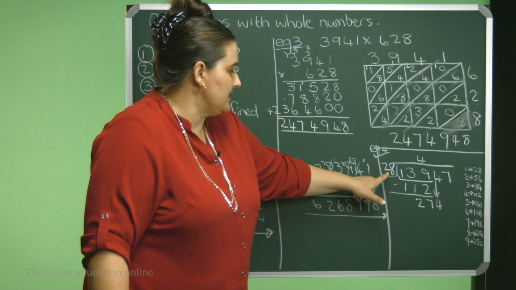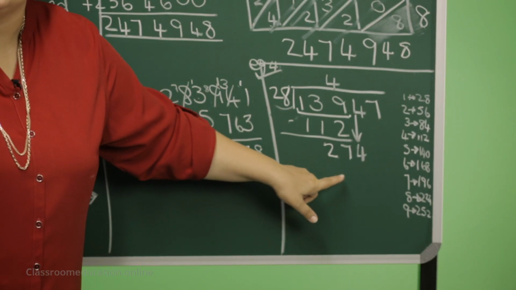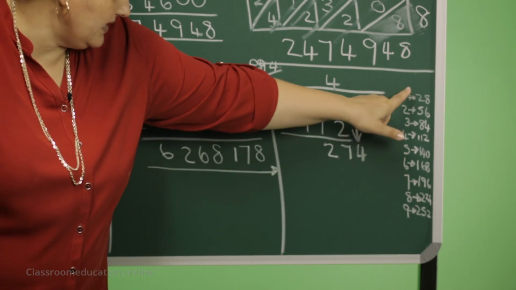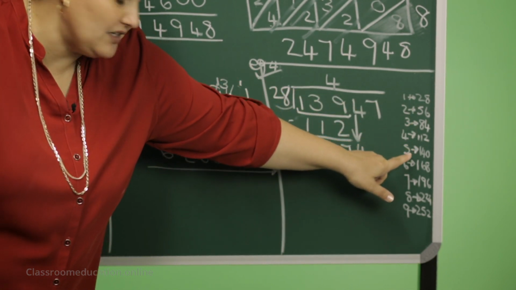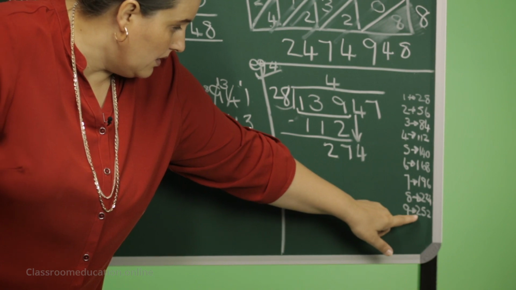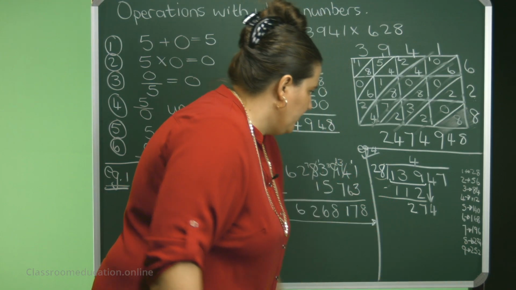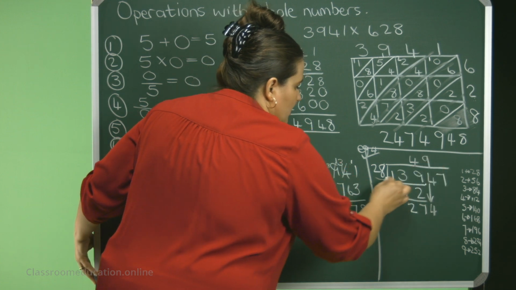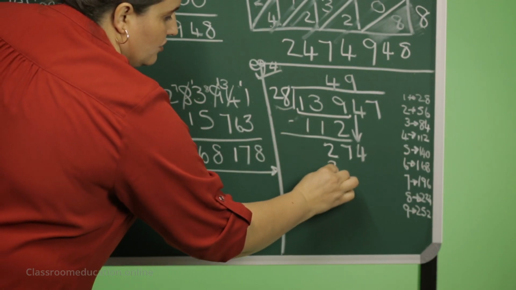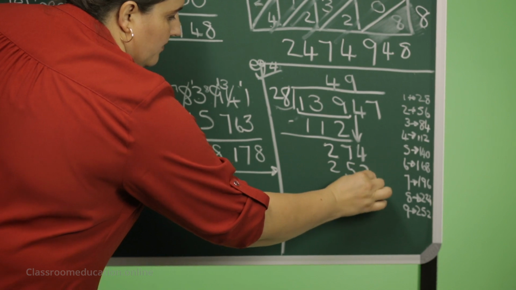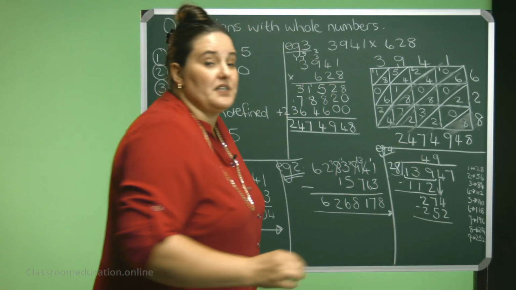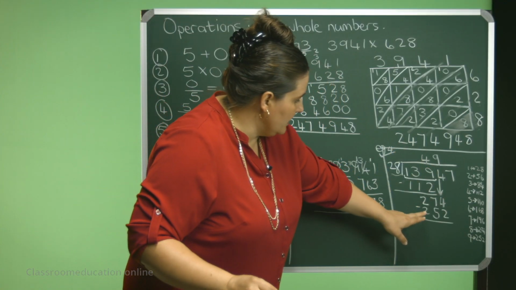How many times can 28 go into 274? Let's find it here. Where does 274 lie? There. It's at least 9 times. So 9 times 28 will give me 252.